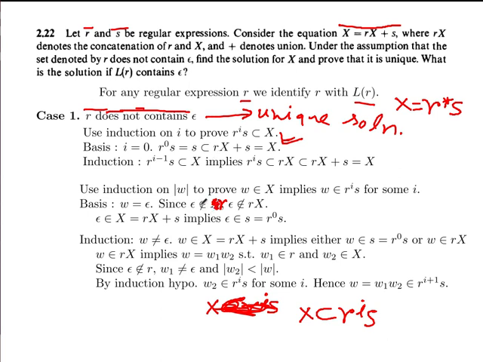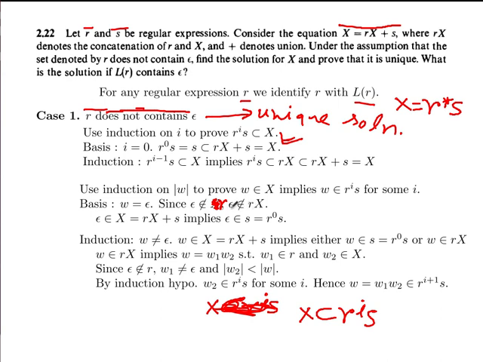So epsilon is not part of R, so that means epsilon is not part of RX, right? Because we are concatenating strings from R and X. So if all the strings here are non-empty, then if we concatenate them with some other strings, all the strings here will be non-empty also, right? So this holds.